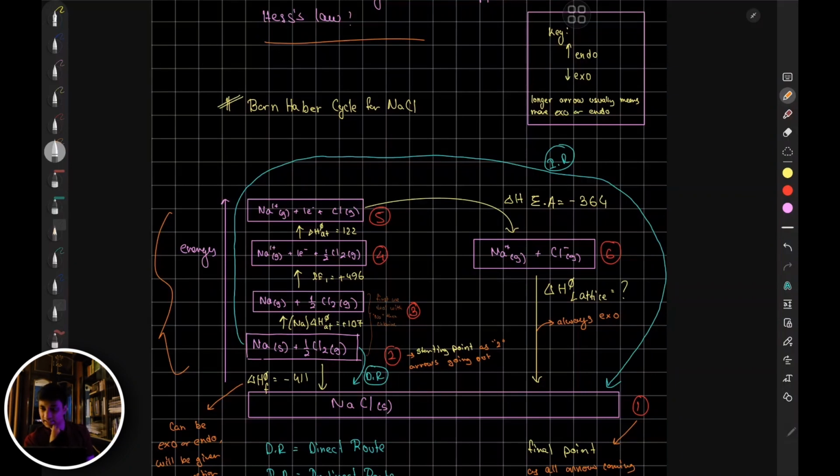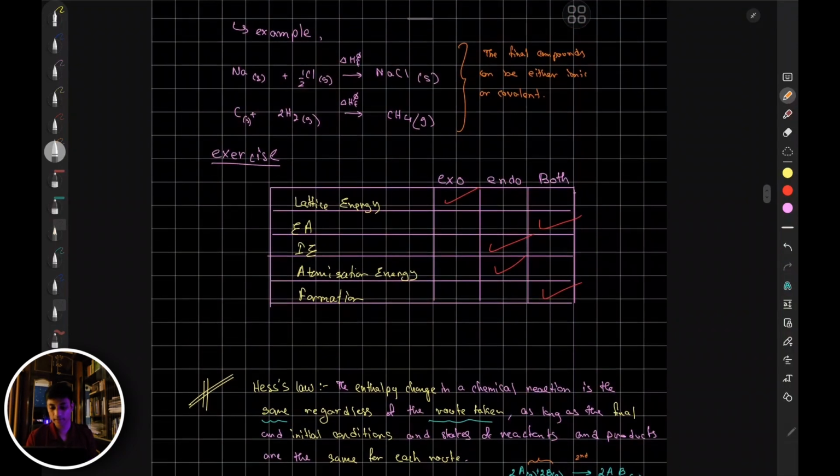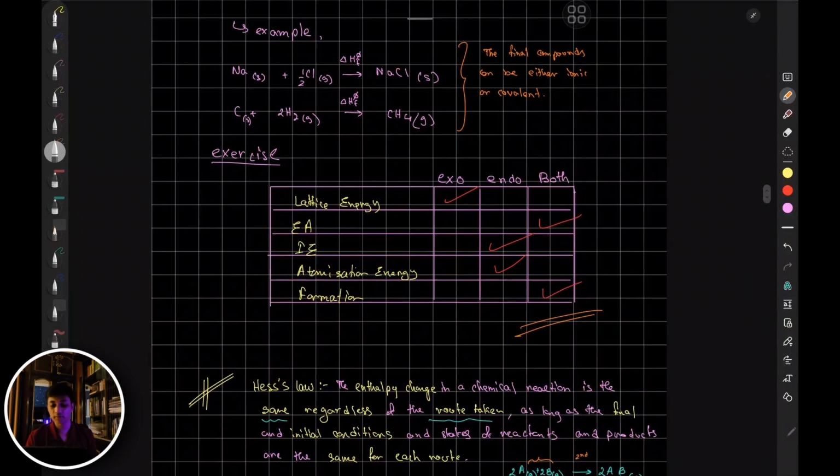Let's say it's enthalpy change of formation, where enthalpy change of formation is not always exothermic. I've already mentioned this before. It can be both, because at times bonds need to be broken to form a compound, so it has both endothermic and exothermic processes.